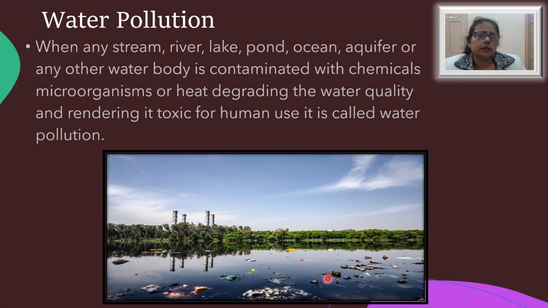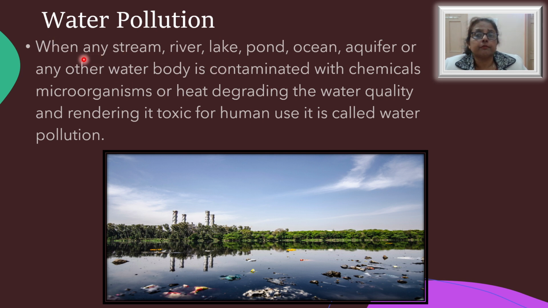Apart from all this pollution, which is mainly caused by industries, vehicles, and garbage, there is another important pollution which is occurring, that is water pollution.